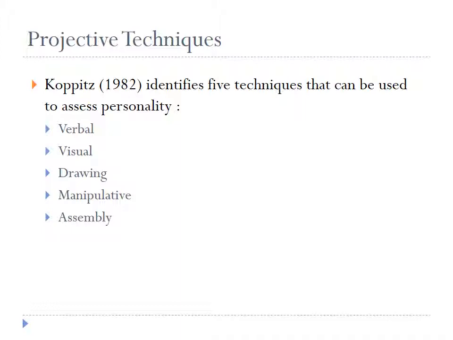These include verbal methods, visual methods, drawing methods, manipulative methods, and assembly methods. We'll spend a little time discussing each of these and pointing out some examples of commonly used assessments that fall into these categories.